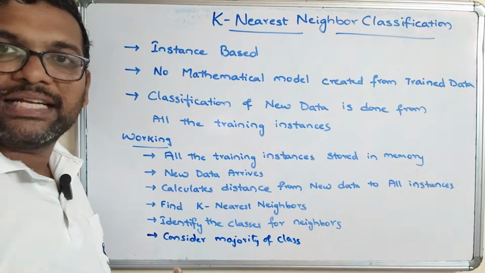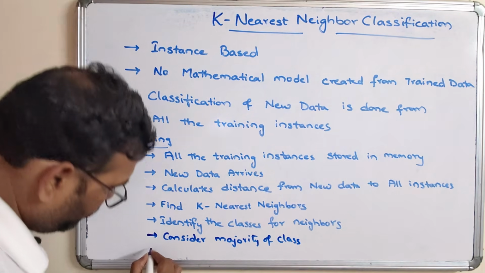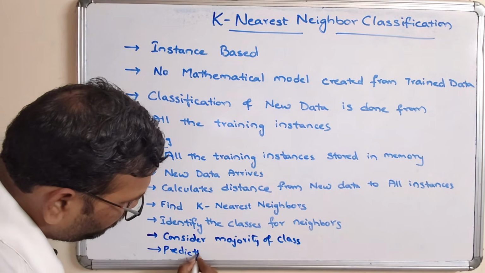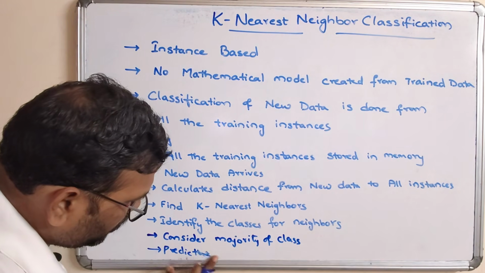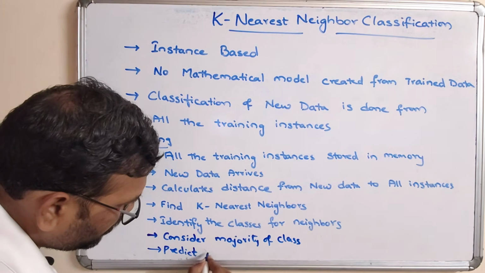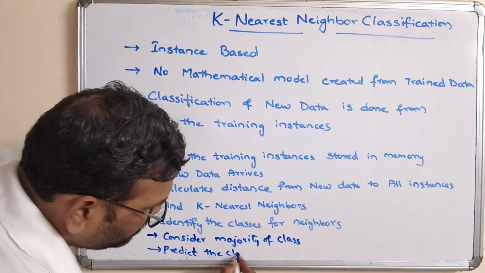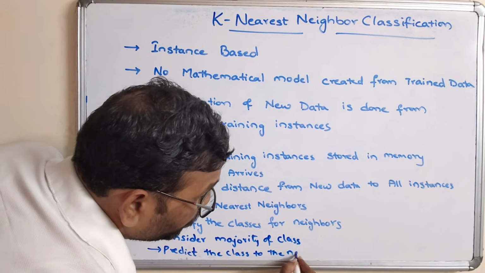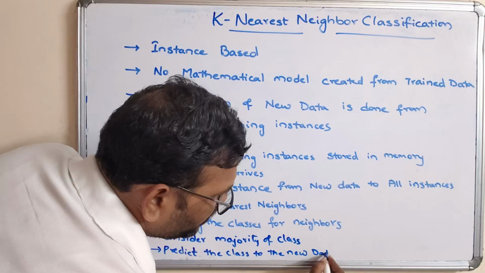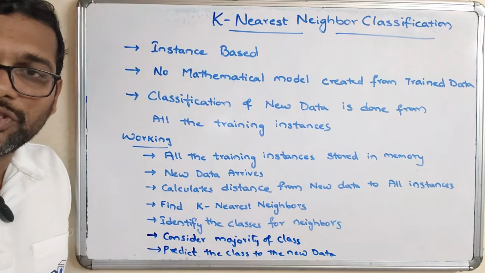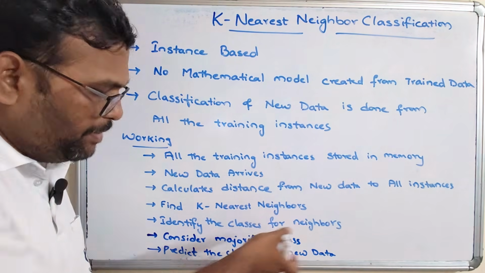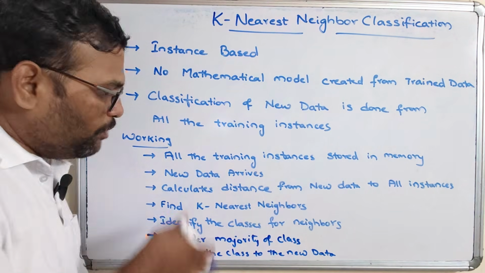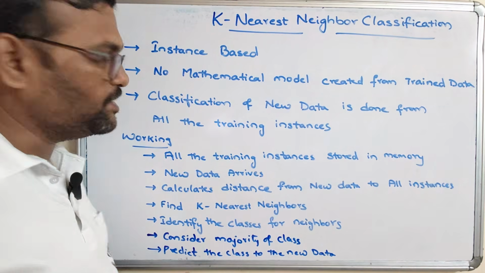Among all the different classes, we need to consider the majority. Then predict the class for the new data. Whatever majority we got here will be assigned to the new data. So this is the working of k nearest neighbor classification.